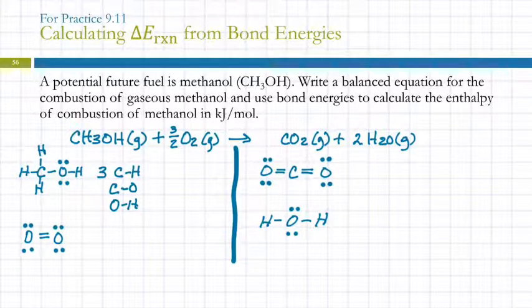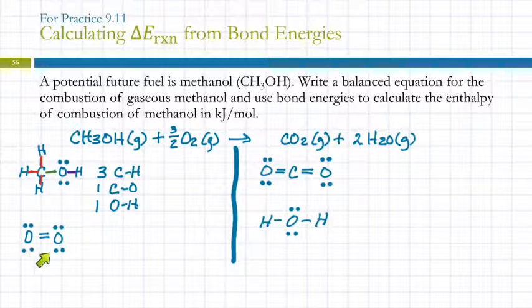So I've got 1, 2, 3 of the carbon-hydrogen bonds, and then a carbon-oxygen bond and an oxygen-hydrogen bond. I have 1 mole of those molecules, so I have 3 moles of carbon-hydrogen, 1 mole of carbon-oxygen, and 1 mole of oxygen-hydrogen.